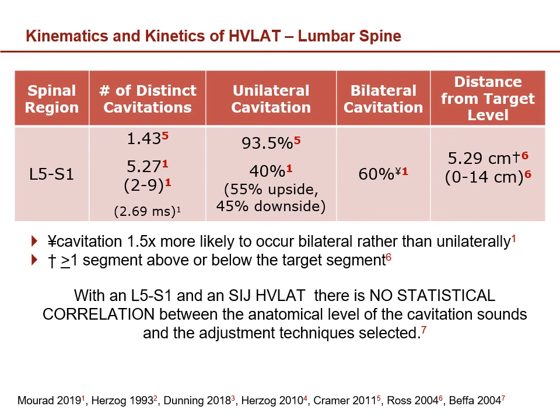The distance from the target segment is a bit more than that of the thoracic spine, and certainly more than what we saw in the cervical spine, with almost 5 centimeters of displacement. However, the range is quite significant, as much as up to 14 centimeters from the target segment. Cavitations are 1.5 times more likely to occur bilaterally than unilaterally.